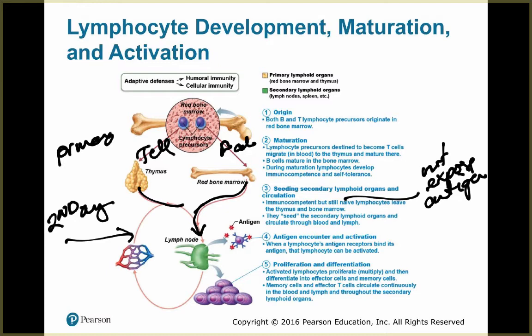And this is going to increase the chance of encounter. So the next thing we're going to have is antigen encounter and activation. And this is when the lymphocytes' antigen receptors actually bind the antigen. And once that happens, the lymphocytes can be activated.